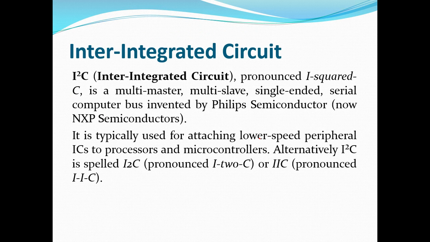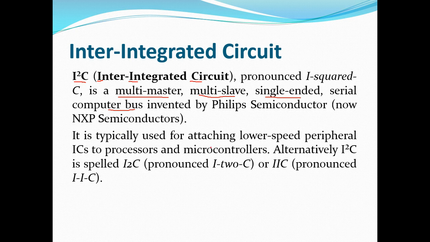Okay, what is I squared C? I squared C represents integrated circuit, IIC. It is a multi-master, multi-slave, single-ended serial computer bus invented by Philips Semiconductor, which is now known as NXP.